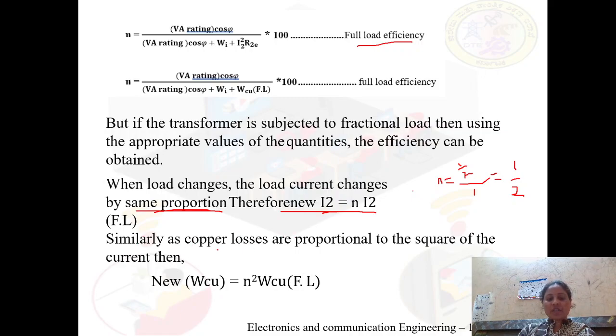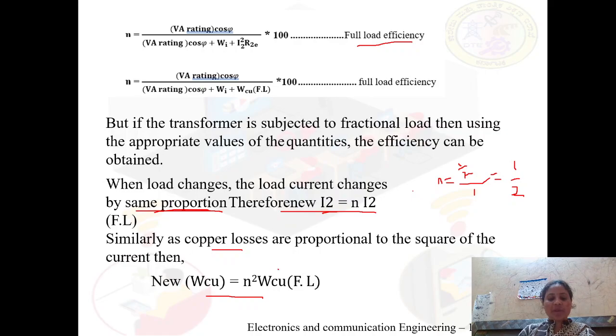But for the copper loss, we know that it is proportional to the square of the current. Hence, the new WCU will be equal to N square times WCU of the full load. I repeat, the variation in current will be in the same proportion, so the new current will be N times the current for the full load.